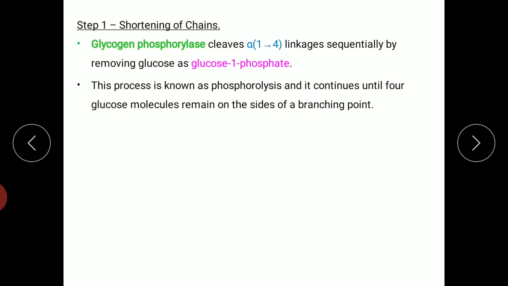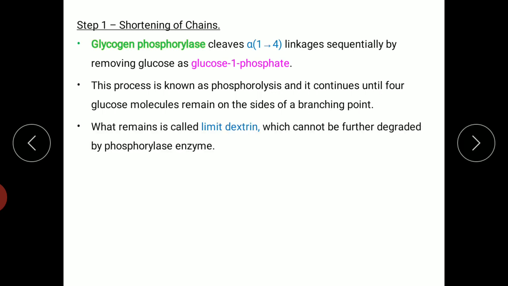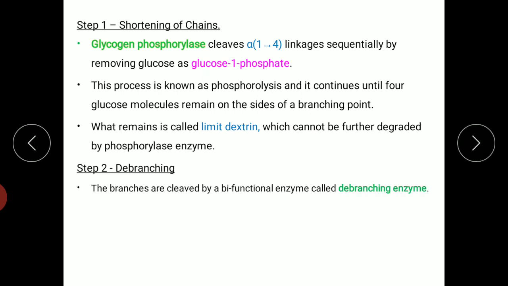And the sequential removal of glucose in the form of glucose 1 phosphate by cleaving or breaking alpha 1,4 linkages is called phosphorylase action. There is a formation of limit dextrin. Then comes debranching. Debranching is carried out by debranching enzyme, which is a bifunctional enzyme.